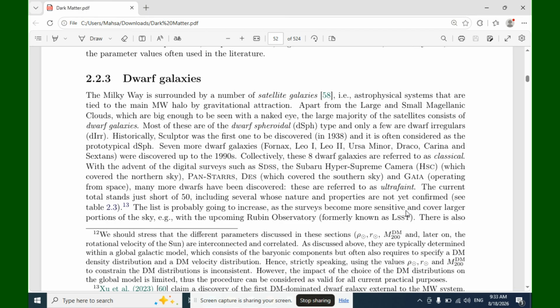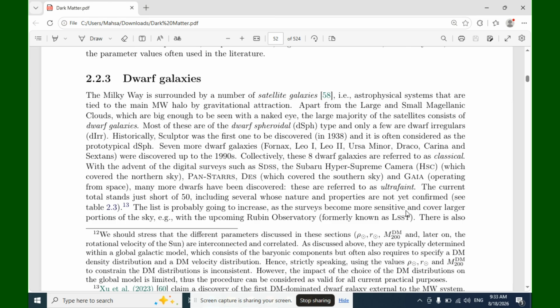With the advent of digital surveys such as SDSS and the Subaru Hyper Suprime-Cam, which covered the northern sky, Pan-STARRS and DES, which covered the southern sky, and Gaia operating from space, many more dwarfs have been discovered. These are referred to as ultra-faint.